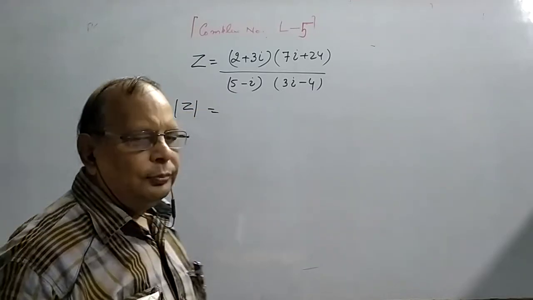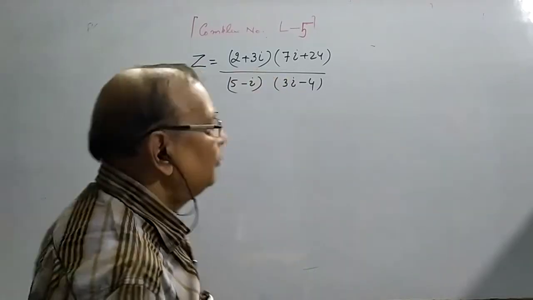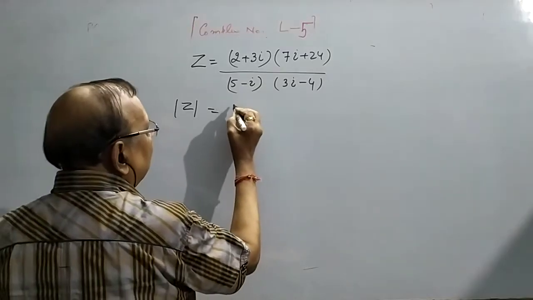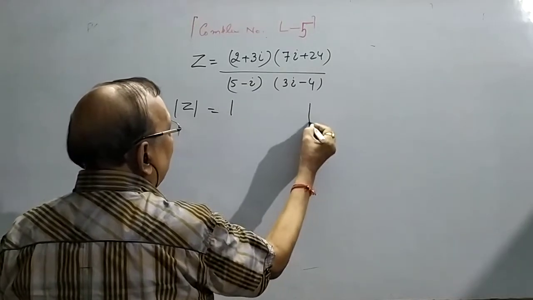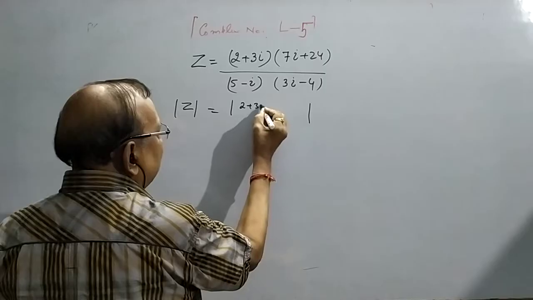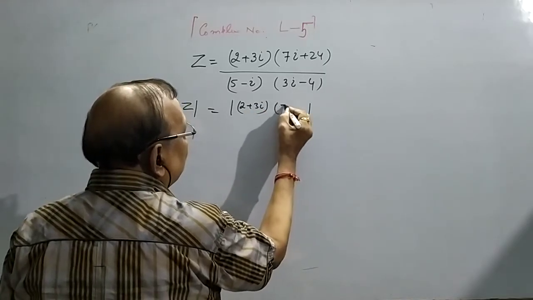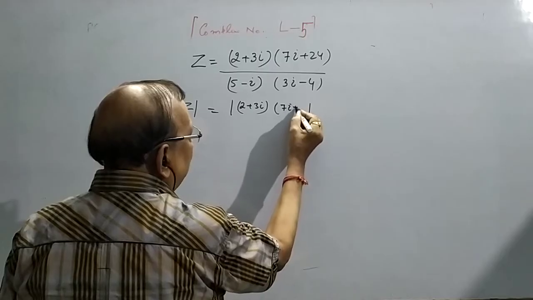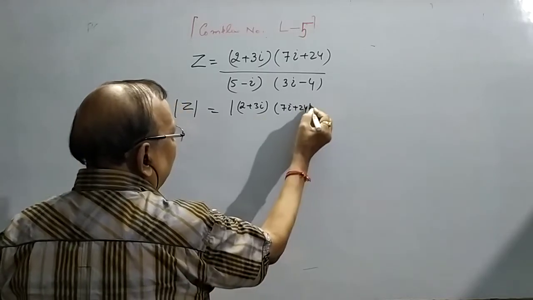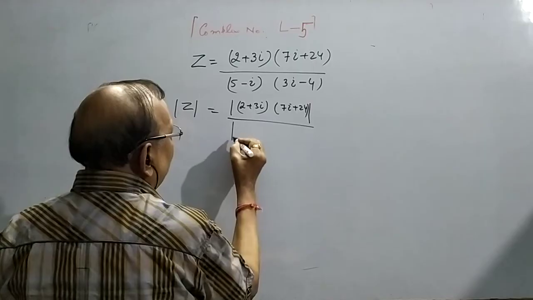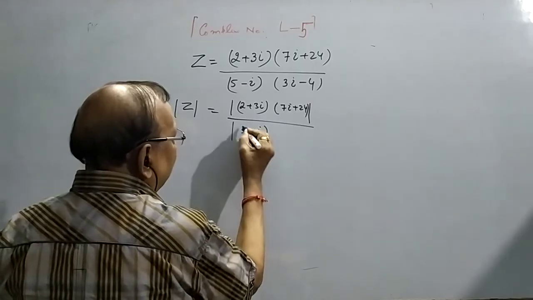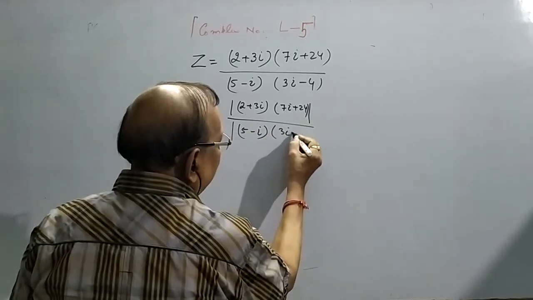We can use mod of Z will be mod of 2 plus 3i into 7i plus 24 upon mod of 5 minus i into 3i minus 4.